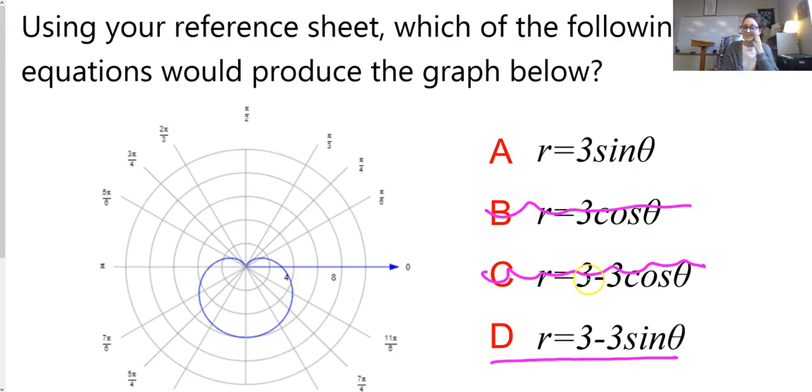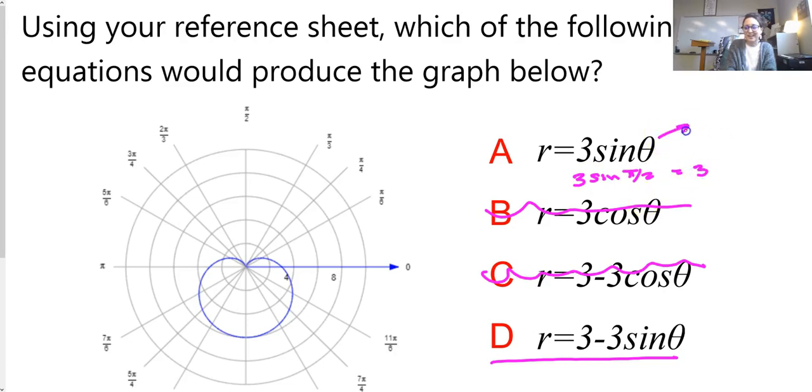So why don't we test a couple points. Let's just use a fairly straightforward theta value. I'm going to use pi over 2 because sine of pi over 2 is what? It's a good old 1. So if I plug in pi over 2 here, I get 3 times sine of pi over 2, and again, sine of pi over 2 is 1, so I get 3 here.